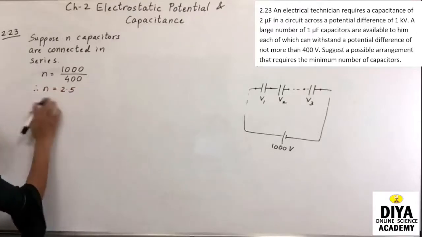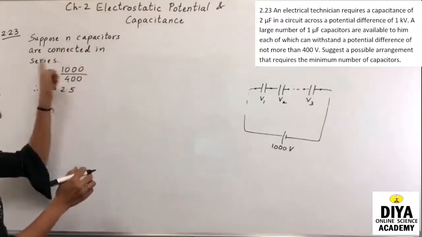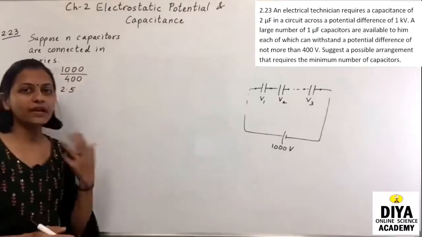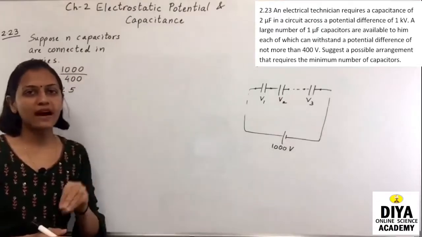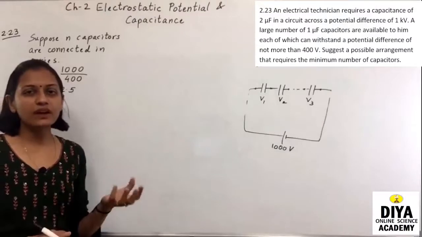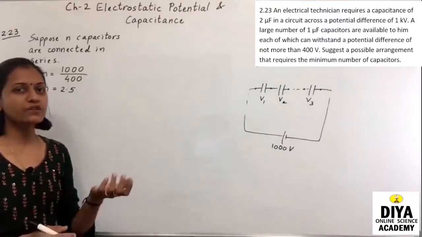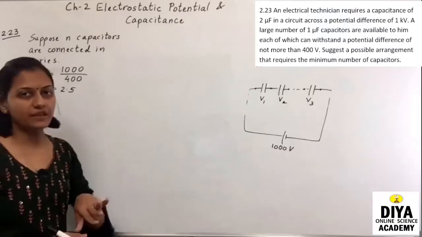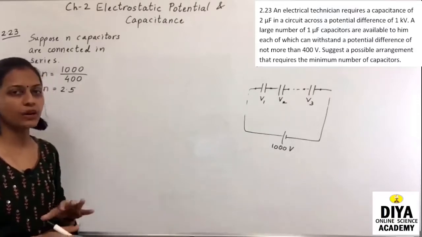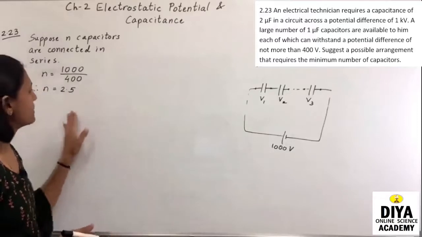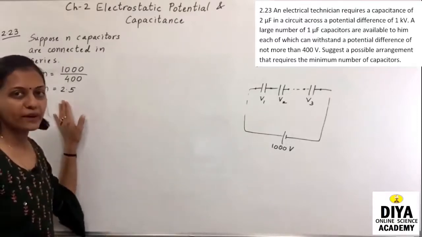So this is the number of capacitors that is required in series, but you cannot take 2.5 capacitors. You can either have 2 capacitors or 3 capacitors. Now what should we take? Rounding up or rounding down? Let us say we are taking 2 capacitors.